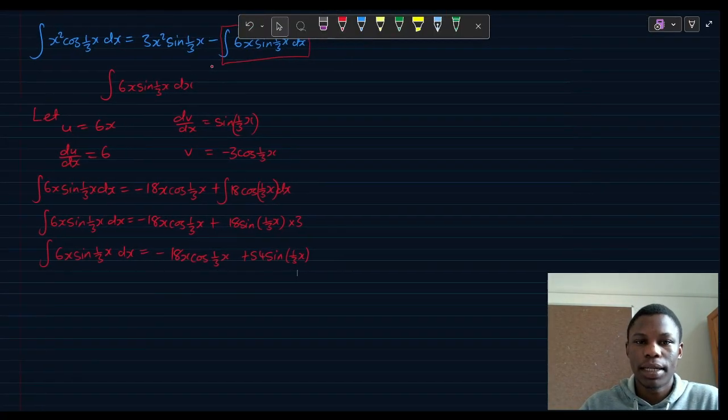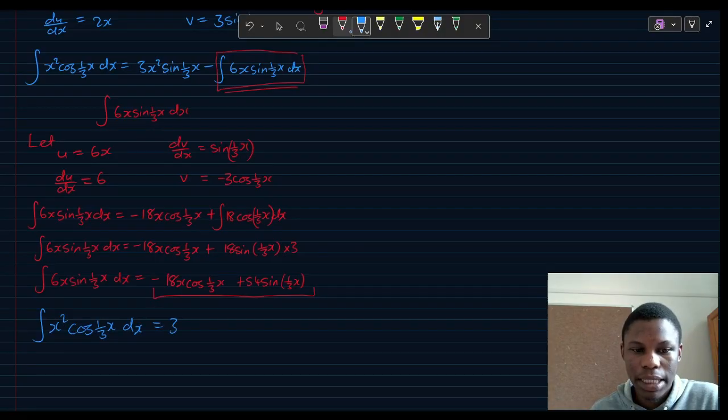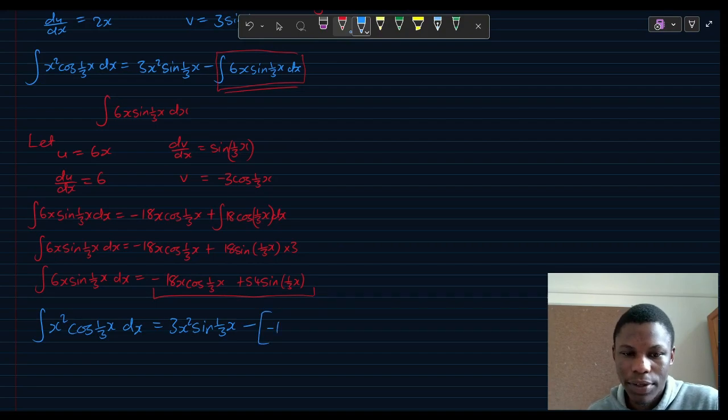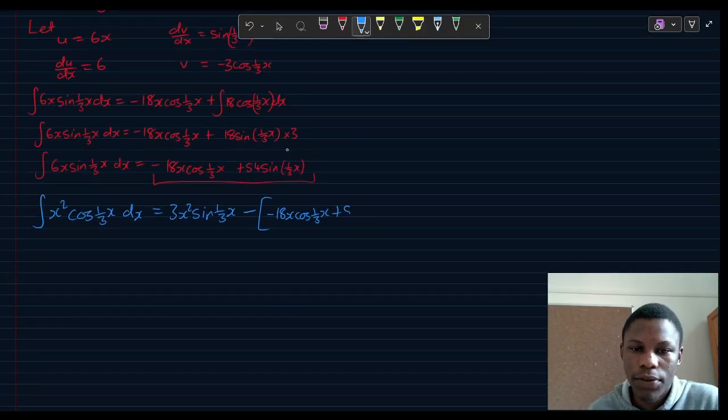And we can go back and substitute this part here with this result. And so we have that the integral of x squared cos a third x with respect to x is equal to 3x squared sine a third x minus, be careful with the negative sign, and then a big bracket, we've got negative 18x cos a third x plus 54 sine a third x.